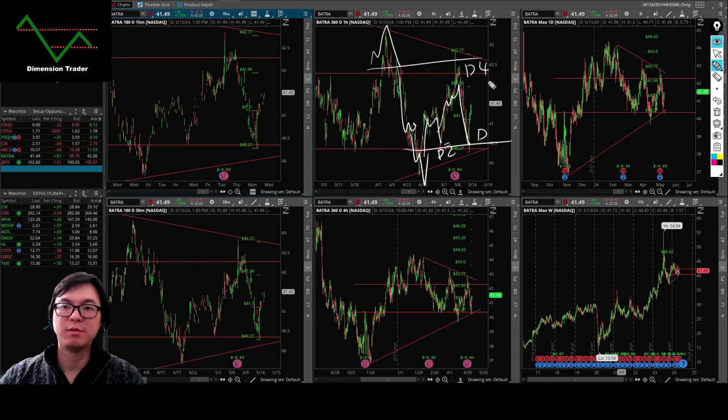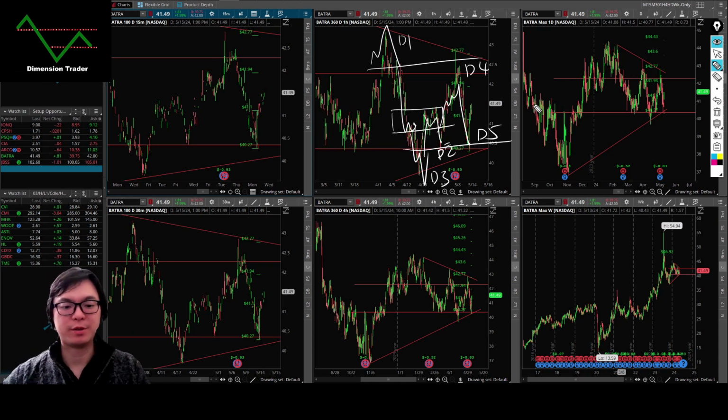This is the reversal for dimension 5. So on the top here is dimension 1, middle continuation is dimension 2, bottom is dimension 3. So this creates a complete cycle for the price reaction.